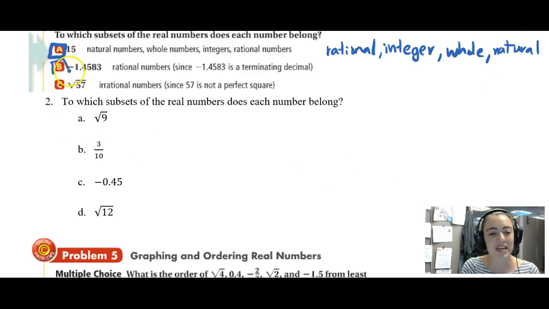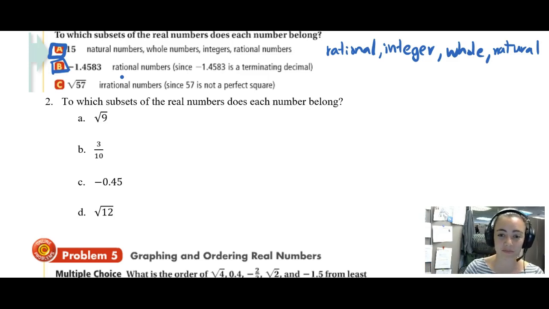Now let's look at B, negative 1.4583. So it is a real number. Is it rational or irrational? Well, it is rational because it does stop after those 4 decimal places. It doesn't continue on afterwards in any manner, either forever or in a non-repeating manner. It truncates, terminates.